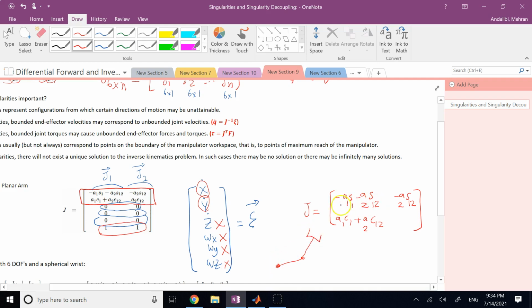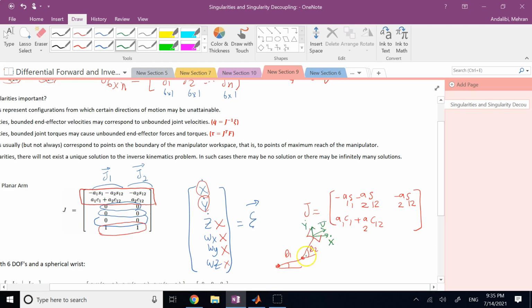Because you clearly see my Jacobian is a function of what? The angles, correct? So if I put my theta 1 and theta 2 at any number I please, and then I ask my end effector to achieve any x dot and what? Any y dot that I want. So that's the velocity of the end effector.